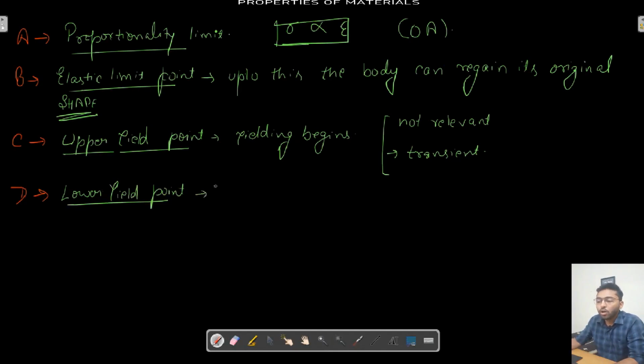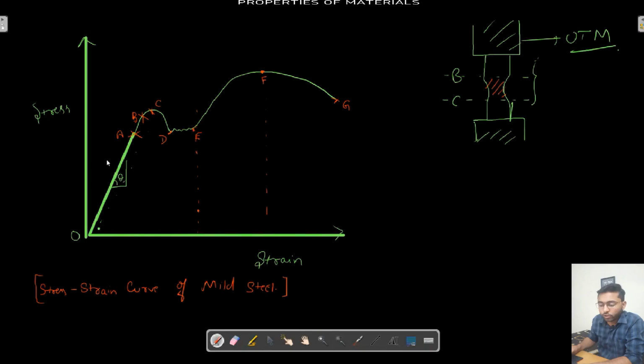By definition, the lower yield point is the point where the force which is required in order to initiate the yielding, or in order to maintain the yielding, can be seen at this position.